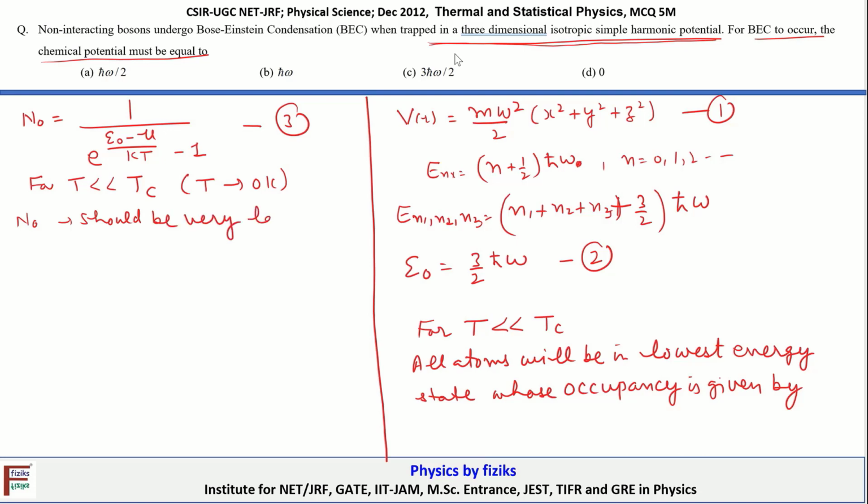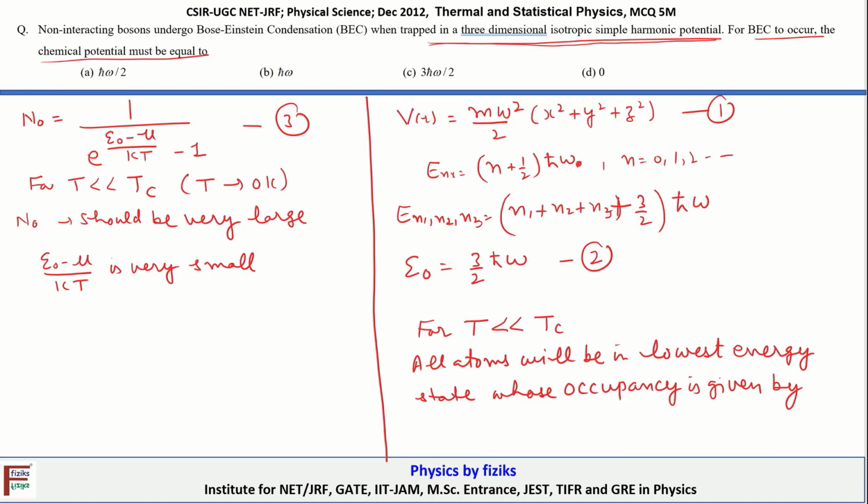And if you take a look at equation 3, n naught will be a very large number when this exponential is close to unity, and the exponential will be unity when E naught minus mu upon kT is almost equal to 0, or when this is very small, close to 0 but very small.